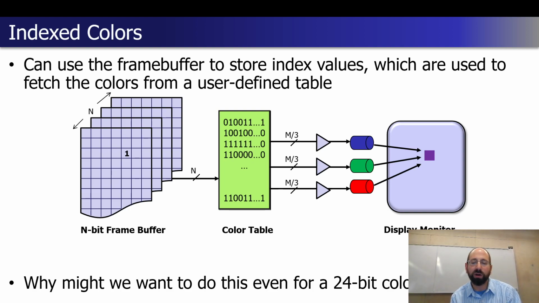Any thoughts? Why would you even want to potentially do that? In fact, you certainly can store images using indexed color today. You don't have to directly represent the color. Why would you want to even do that, even if you had enough storage here? And we'll let you guys think about that.